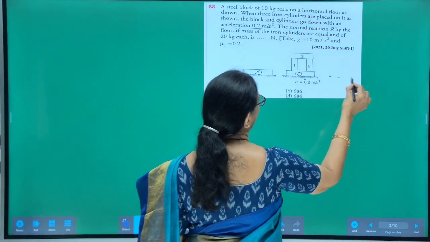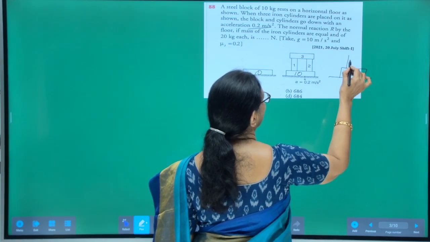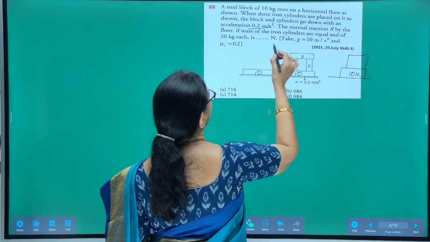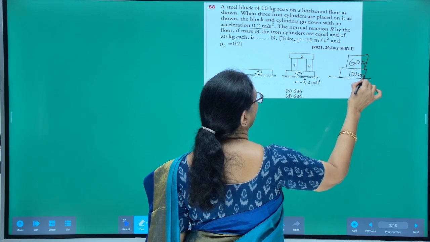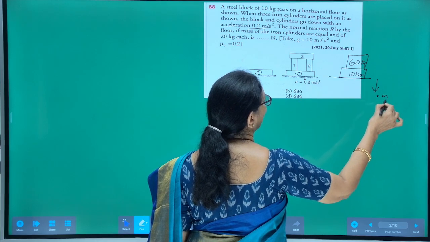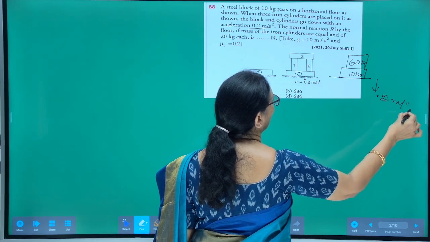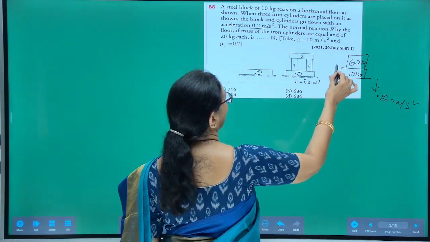So, this becomes a 10 kg block and this becomes 3 cylinders of mass 20 kg each, so 60 kg. As a result, this moves down with acceleration 0.2 meter per second square. The normal reaction is how much?